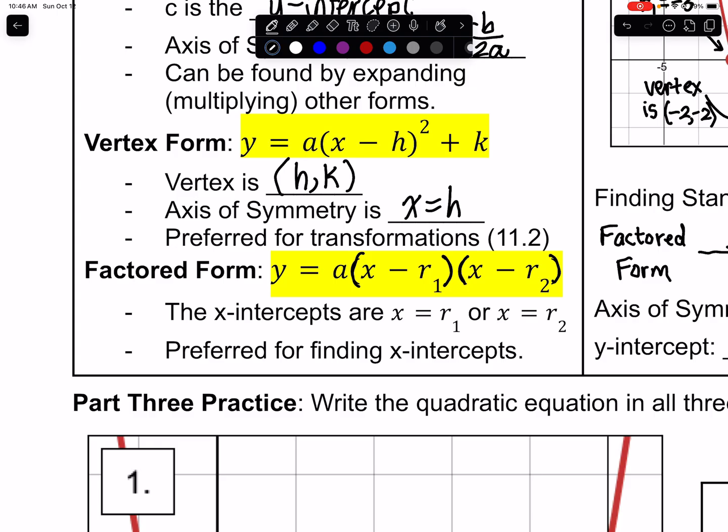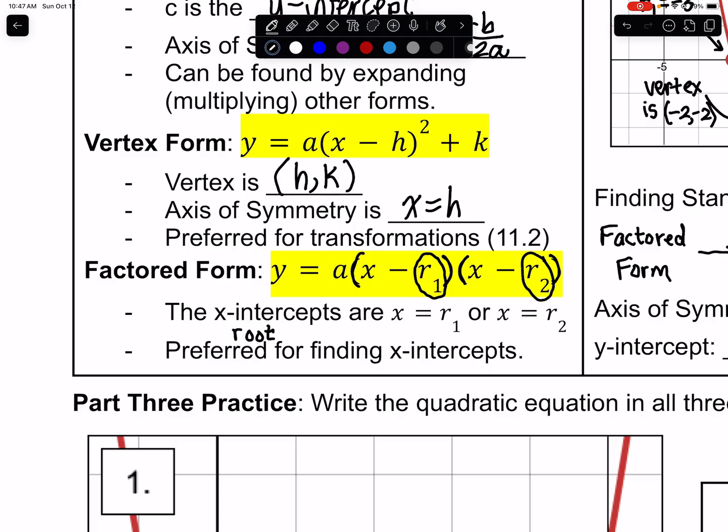So in general, factored form would be A, and then x minus your first value, and x minus a second value. Now, R1 stands for root number 1, and R2 stands for root number 2. But root is the same thing as just an x-intercept.